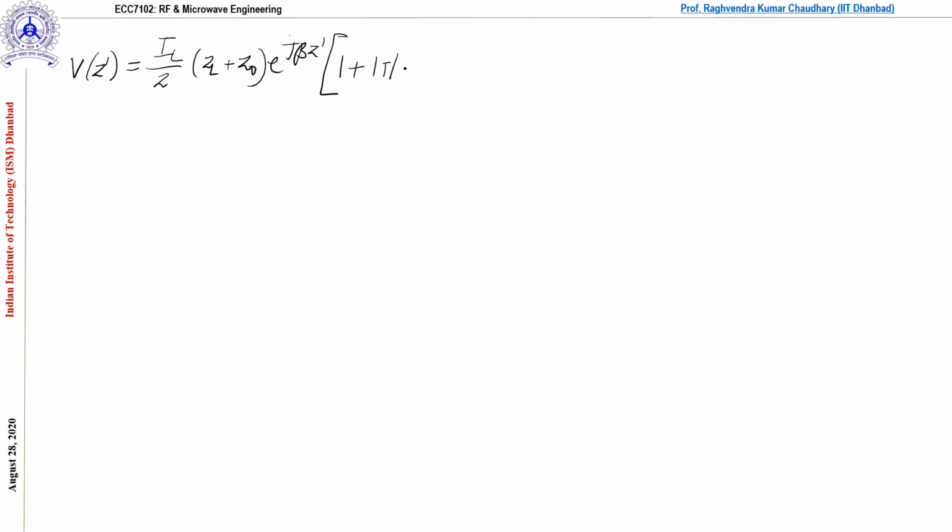I just replace the gamma with mod gamma e to the power j theta gamma. So the arguments of the exponentials will add up, and you will have a completely new term, e to the power j theta gamma minus 2 beta Z dash. Fine. What is this? This is your voltage wave equation when you don't consider the losses.